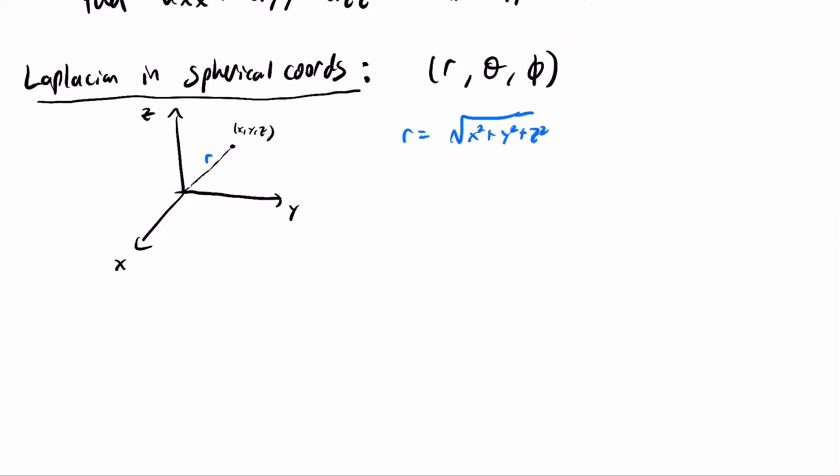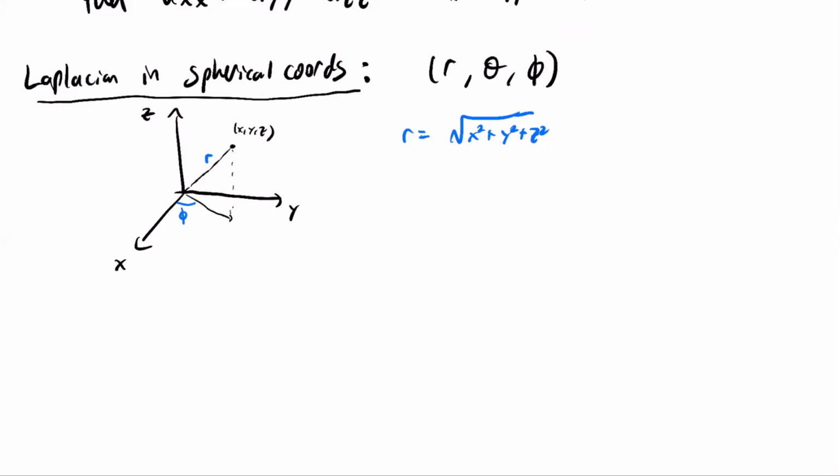And then, well, how do you define phi? Well, let's drop down this vector to the xy plane and look at the shadow or the projection on the xy plane. This projection makes a certain angle phi with the x-axis. All right, so we'll call that phi.